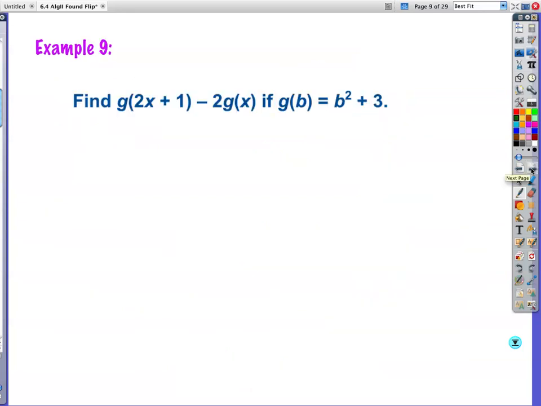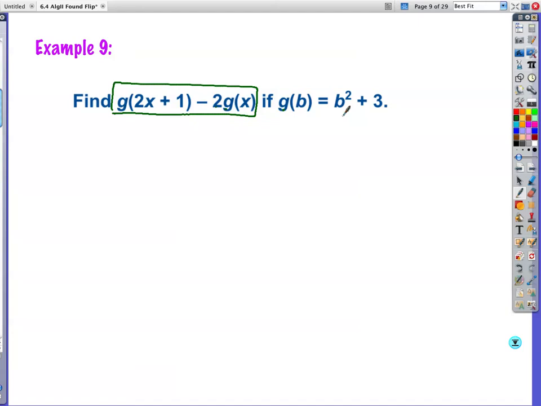All right, now let's look at this one. Notice how we worked our way up. This is kind of the only book example type they gave. Scary, huh? All right, so we have find g of this. In other words, in my function g, I'm going to put 2x plus 1 in place. And then I see 2 times the function g of x. Now, g of b equals b squared plus 3.